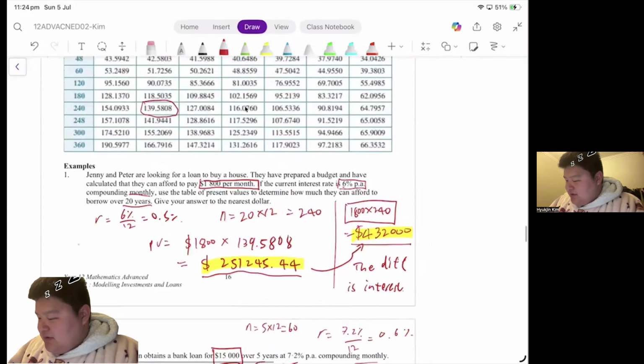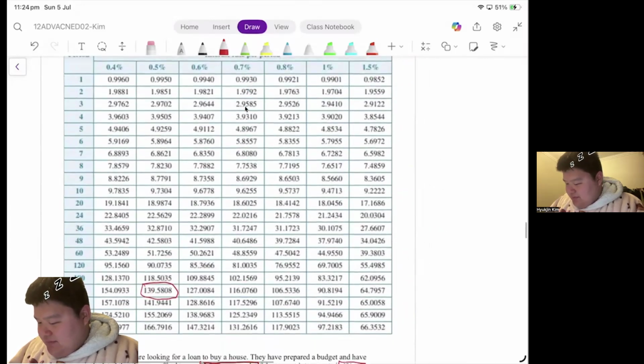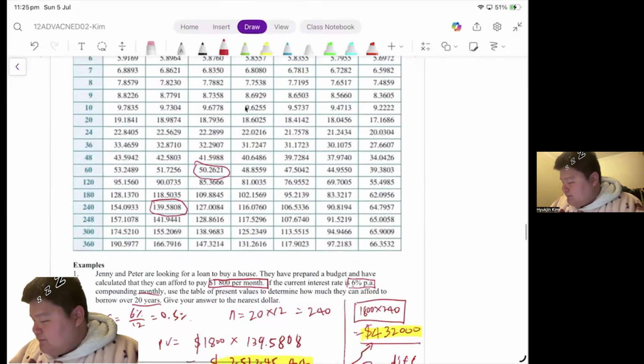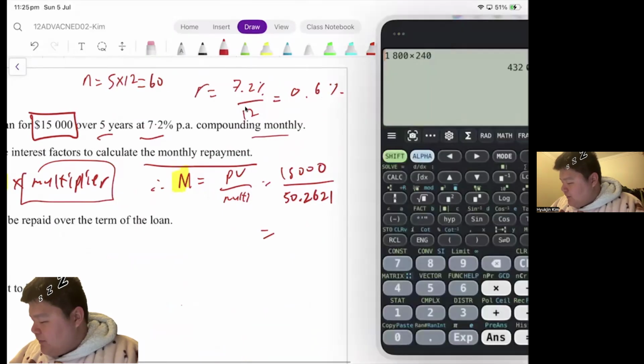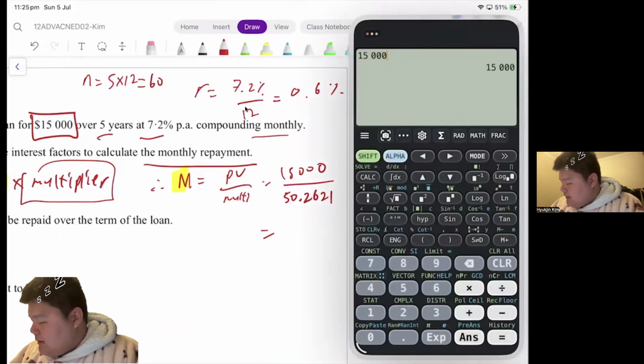I actually hate this topic so much. The multiplier is 50.2621. So that means it will become 15,000 divided by 50.2621.